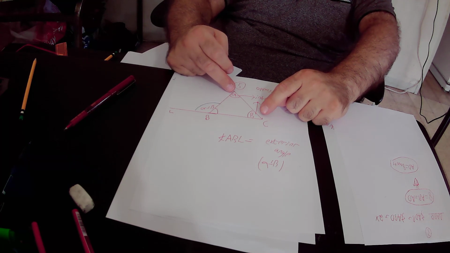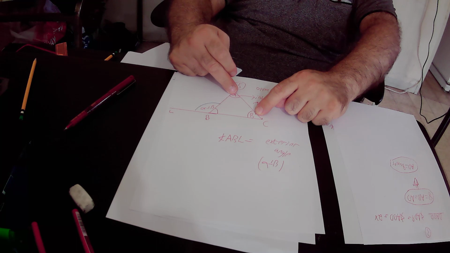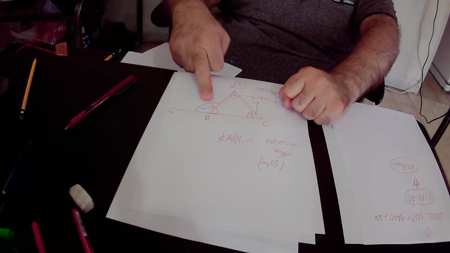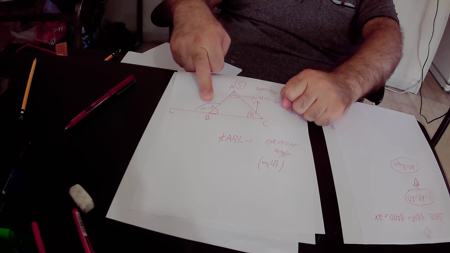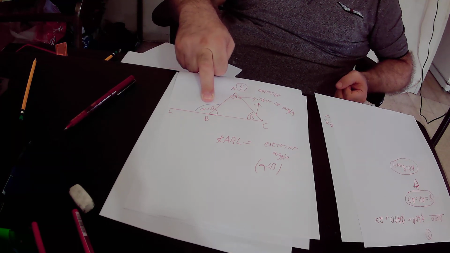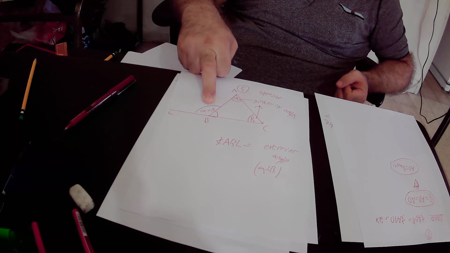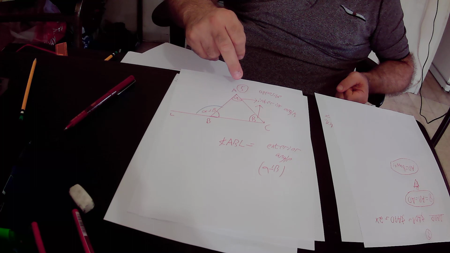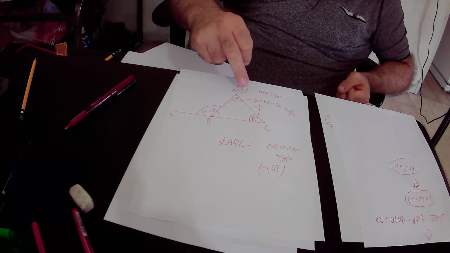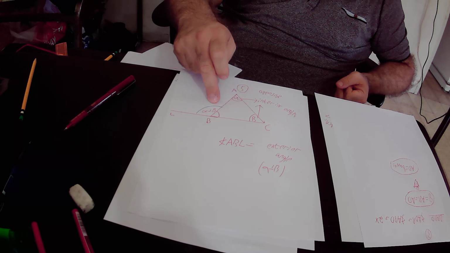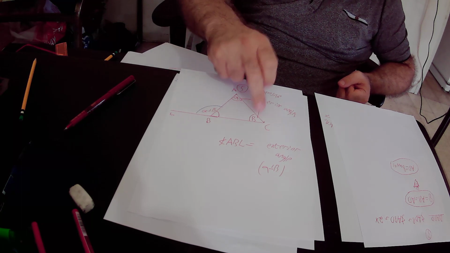So angle ABL equals alpha plus beta. Again, the exterior angle ABL equals the sum of the two opposite interior angles, or angle ABL equals alpha plus beta.